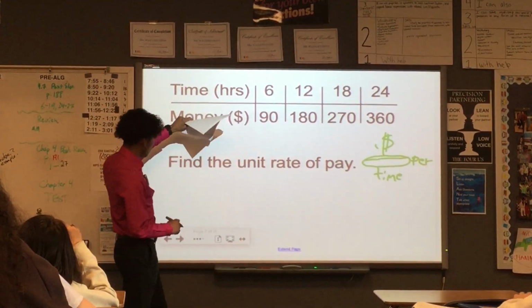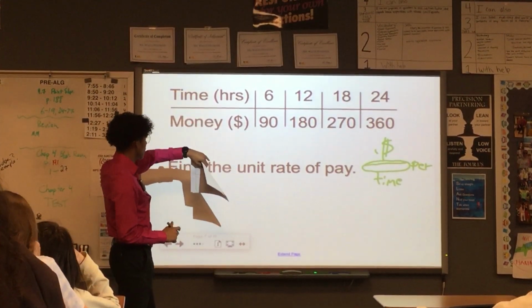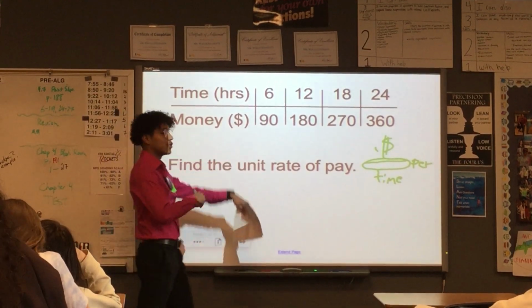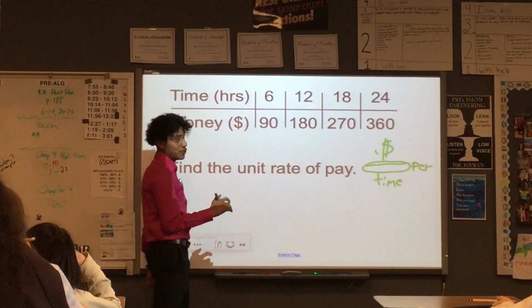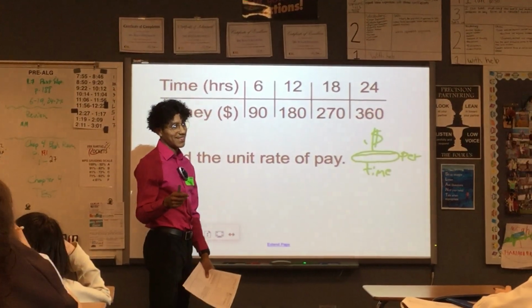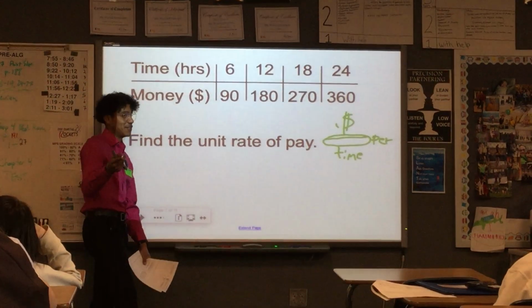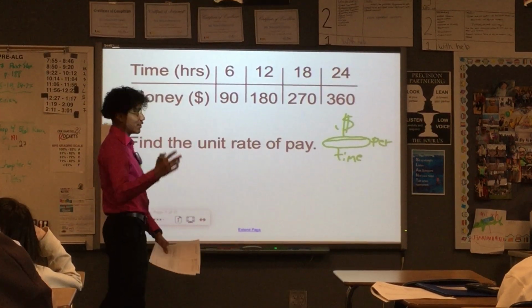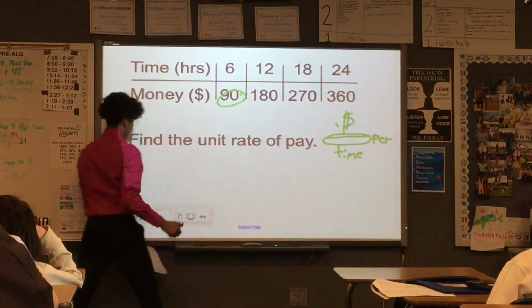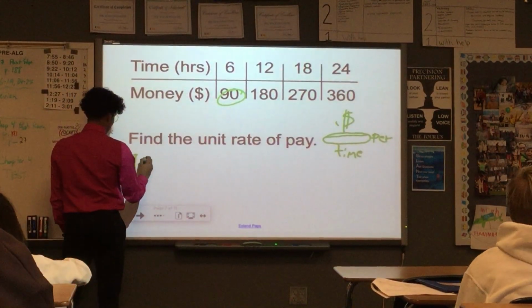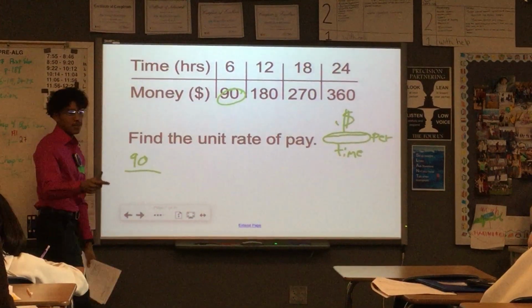So we want to know the unit rate of pay, so it's probably going to be a certain amount of money per hour. $15 per hour. Okay. How'd you find that? I did my calculation. Okay, but what numbers did you use? 90 divided by 6, right? Because the 90 is our money. So we have our money on top. And you said 6, right?